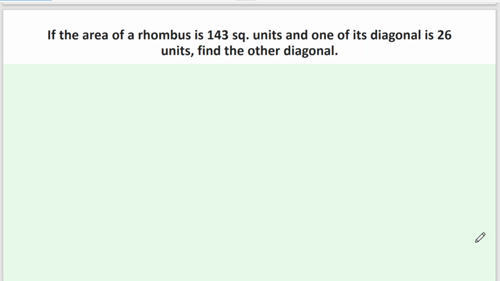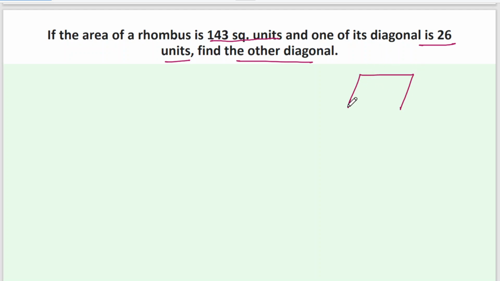If the area of a rhombus is 143 square units and one of its diagonals is 26 units, find the other diagonal. Okay. So we know that in a rhombus, what is a rhombus?